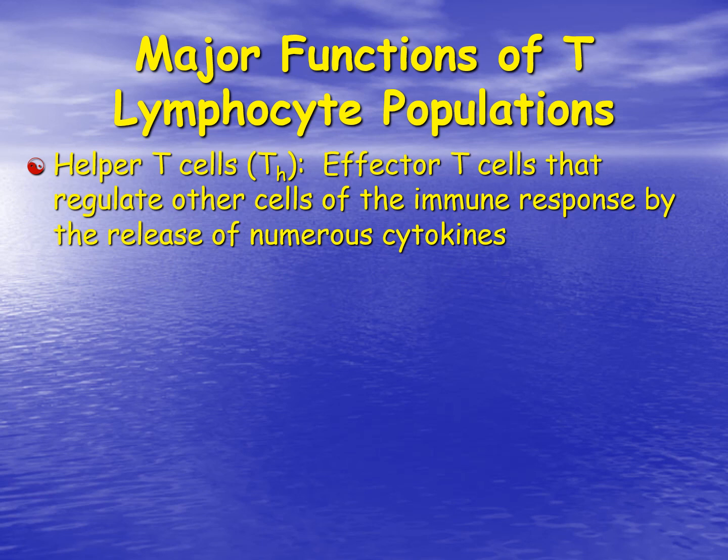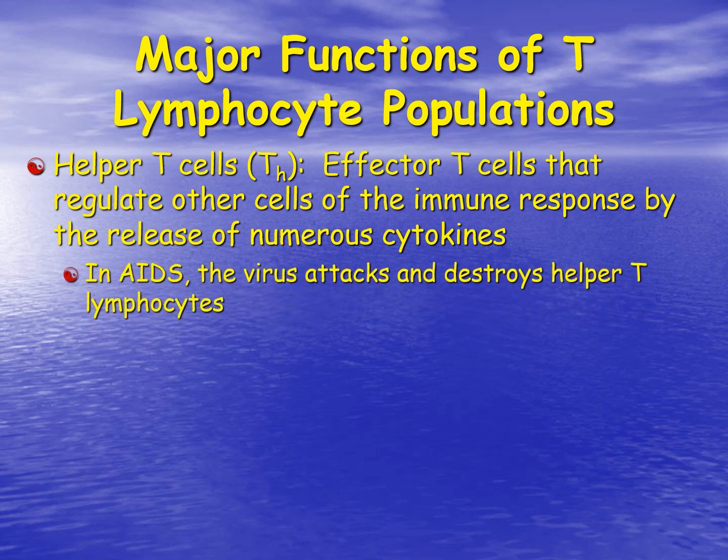Helper T cells, and there are actually several subpopulations of helper T cells, are the effector T lymphocytes that regulate the other cells of the immune response by releasing a number of cytokines, or again, cytokine simply means cell mover. They are chemical mediators of this response.